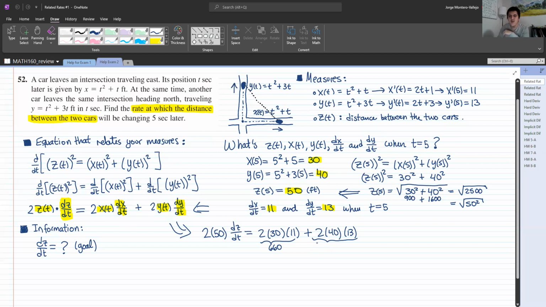Yes, 8 times 13, that's 104. But then there is the times 10. 1040. Yes. So we're adding those two amounts, and we are going to divide by 100. What do we get? 660 plus 1040, that is going to be 1700, divided by 100. That's just 17. So 17 is what we got for dz/dt.